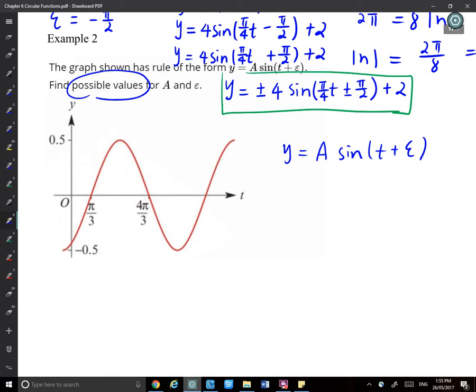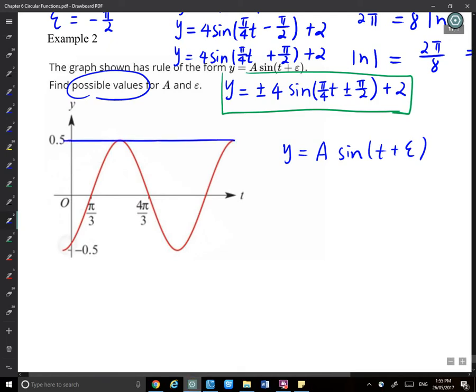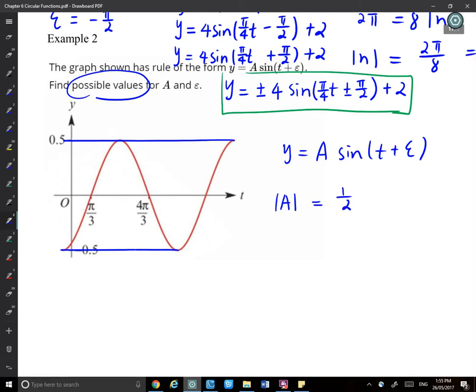First thing, the maximum is 0.5 and the minimum is negative 0.5. So the absolute value of A equals half. If the middle line is 0, go up by half, go down by half. The absolute value of that is half.